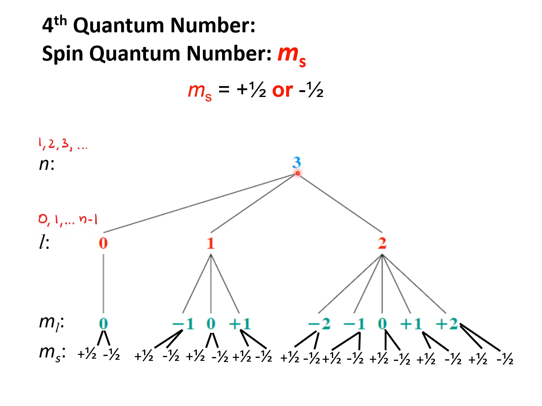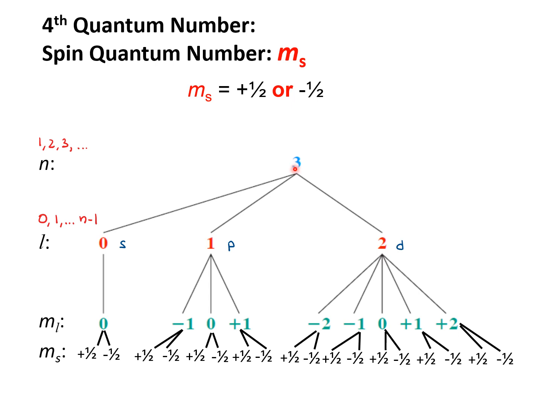So in this case, when n equals 3, L can have allowed values of 0, 1, and 2, where L equals 0 would represent an s orbital, L equals 1 would represent the p orbitals, and L equals 2 would represent the d orbitals.